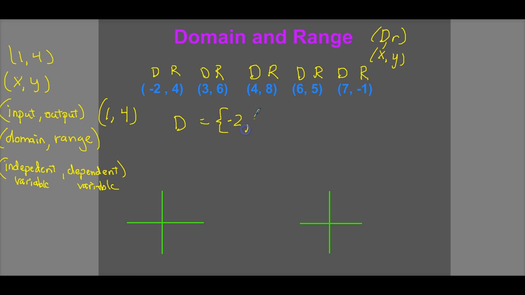So -2, 3, 4, 6, and 7. It's usually good manners to put them in numerical order. Range values, I would say -1, 4, 5, 6, and 8. So there are my domain and range values.